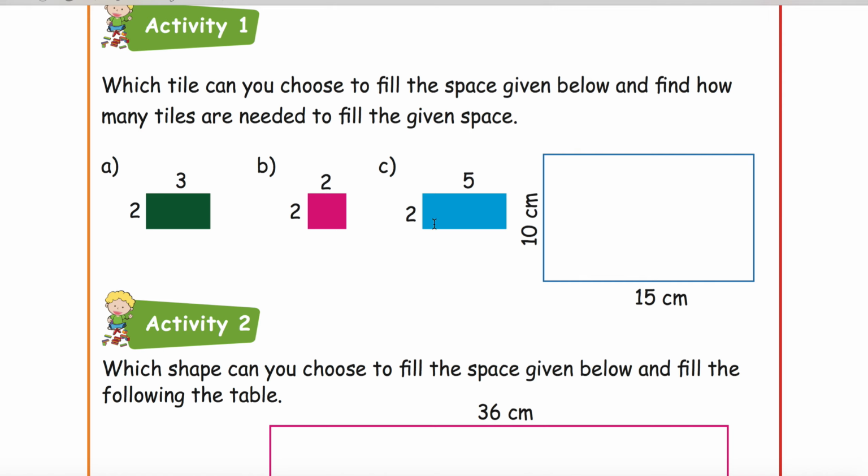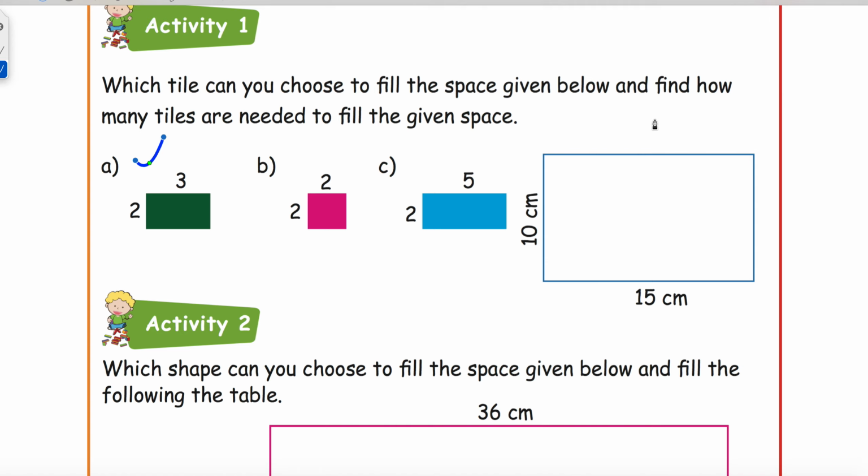This one also will not fit. See, 2 times 2 into 5, 2 5s are 10, 3 5s are 15. So this one only will fit. You have to choose this one only, otherwise this cannot be completely filled.